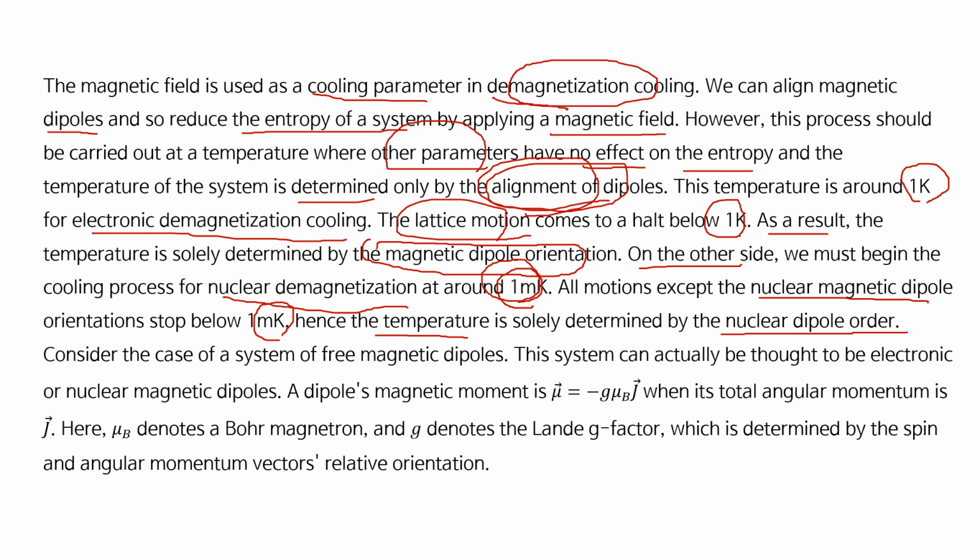Consider the case of a system of free magnetic dipoles. This system can be thought of as electronic or nuclear magnetic dipoles. The dipole's magnetic moment is given by this relationship, when its total angular momentum is J. So J is total angular momentum, μB denotes the Bohr magneton, and g denotes the Landé g factor, which is determined by the spin and angular momentum vectors' relative orientation.